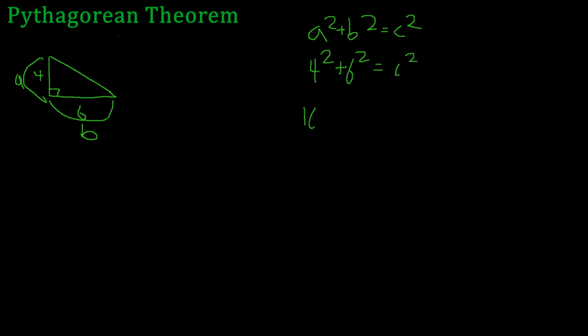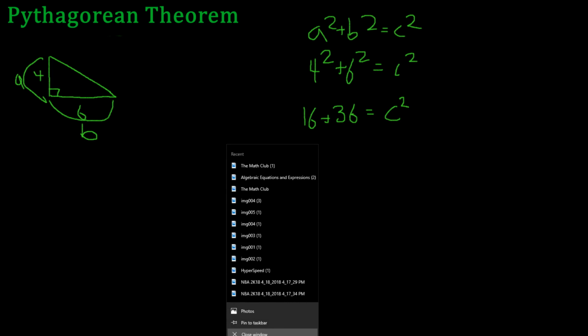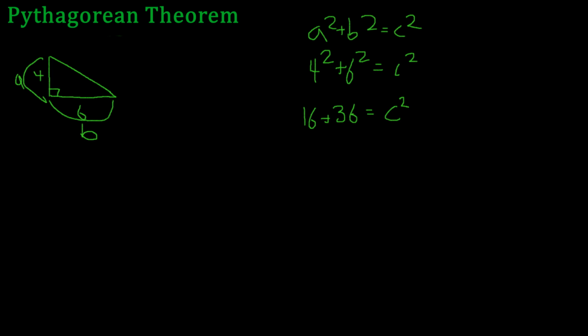So we have 16 plus 36 equals c squared. So now we have to do 16 plus 36, which we all know, 52, equals c squared. So we take the square root on both sides.